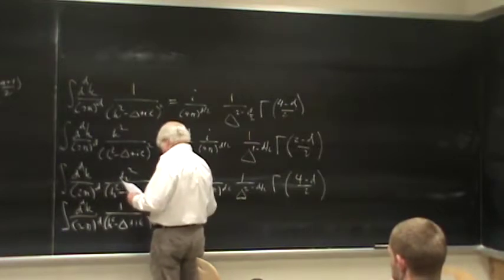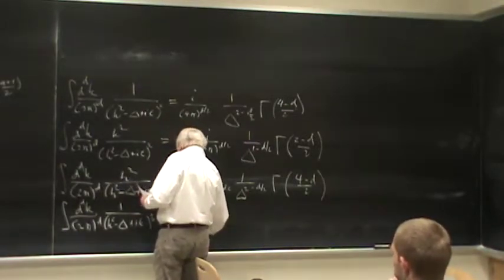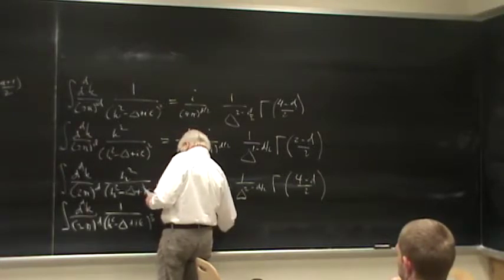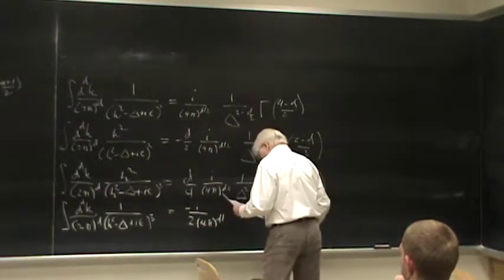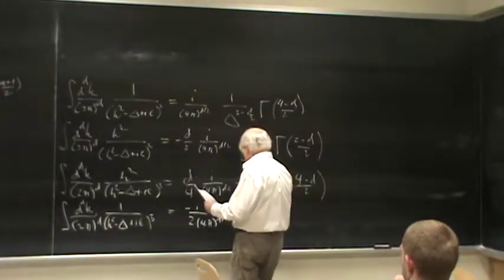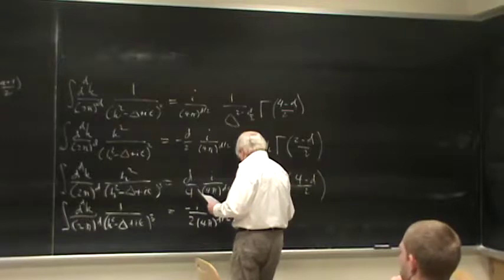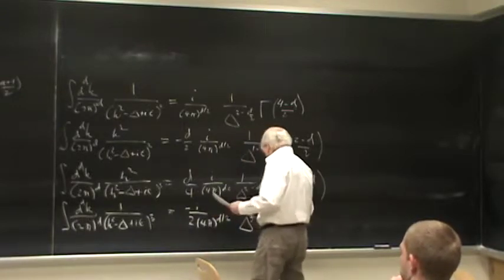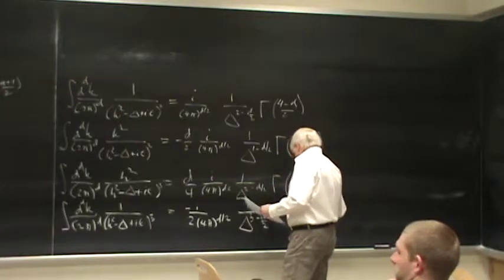And this one is −i/(4π)^(d/2), let me get this straight, (4π)^(d/2), yeah, that part was right. And then 1/Δ^(3 − d/2) times Γ(3 − d/2).